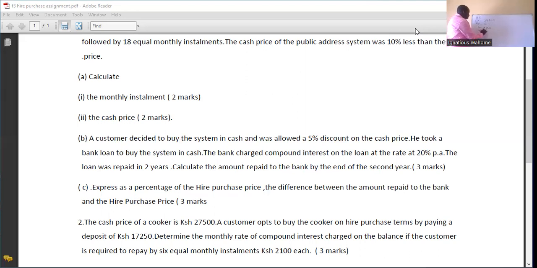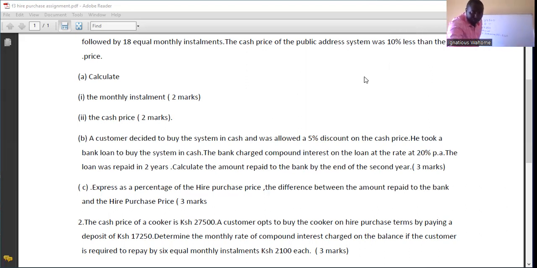These are 6 months, and each installment is shillings 2,100. So in this case, we are calculating the rate of compound interest charged on the balance. The balance from what? From the cash price. After paying a deposit, the balance that remains is the one that we are going to calculate on.